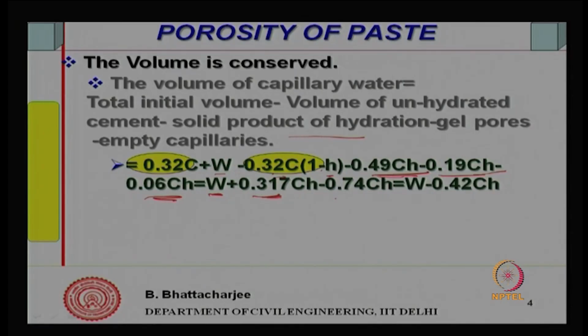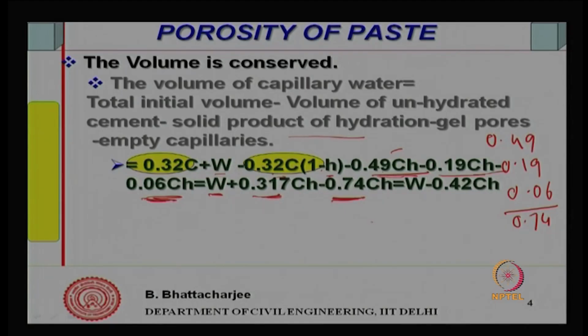So, this W will come here, 0.32 CH, plus, because there is a minus sign here, rounded off to 0.32, and 0.49 and 0.19 and 0.06 sum up to 0.74 CH.